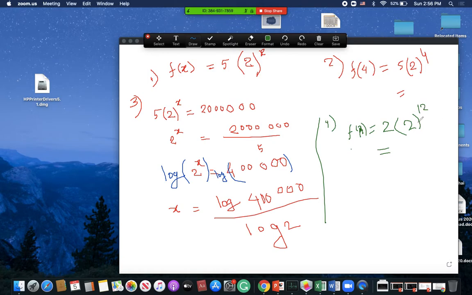Another change is f(x) equals 5 times 2 to the power x, but this time we will not change the 5, we will keep it, and instead of the base 2 we will make it 1.5. That means a 0.5 decrease, then the same number 12, everything else is the same. So this equals what?